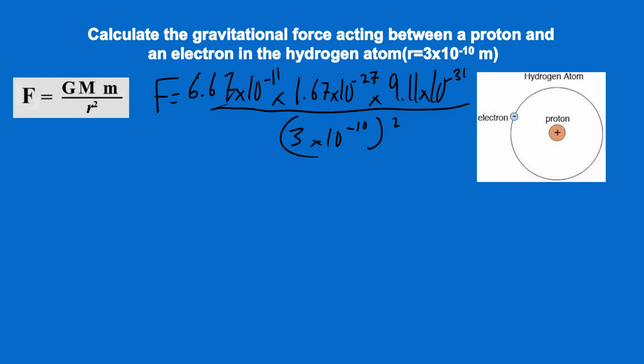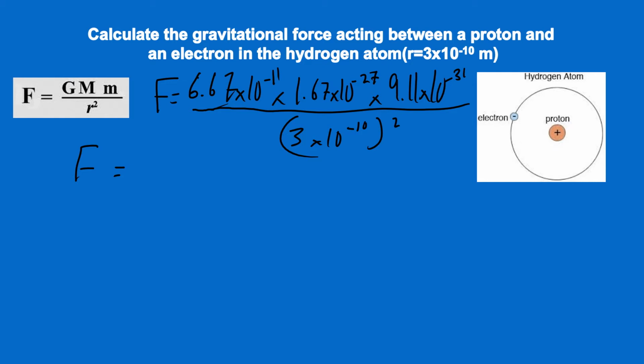So that's what we do. We put that into a calculator and find the force. We can also compare the values of the gravitational force and then the electrostatic force once we've done it later on, and we'll see how they vary in size. So we put that into our calculator and then work out a value for the force.